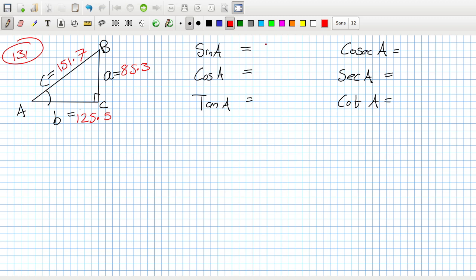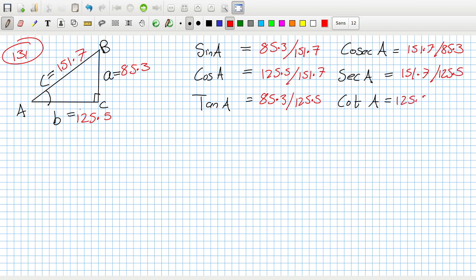So sine is 85.3 over 151.7. Cos is 125.5 over 151.7. And then tan is 85.3 over 125.5. And then cosec is 151.7 over 85.3, and then 151.7 over 125.5, and cotan 125.5 over 85.3.